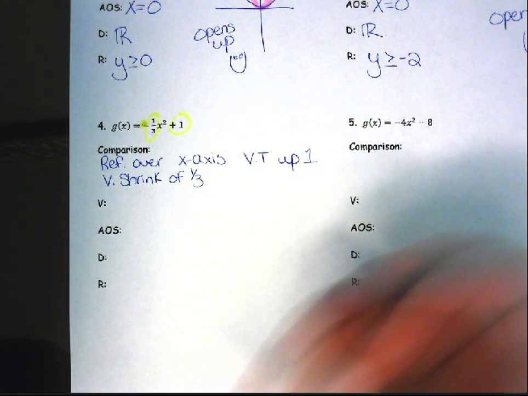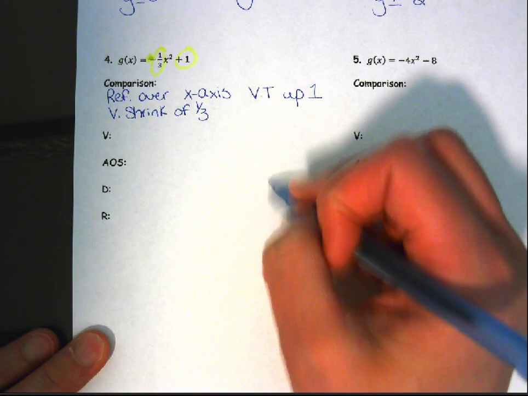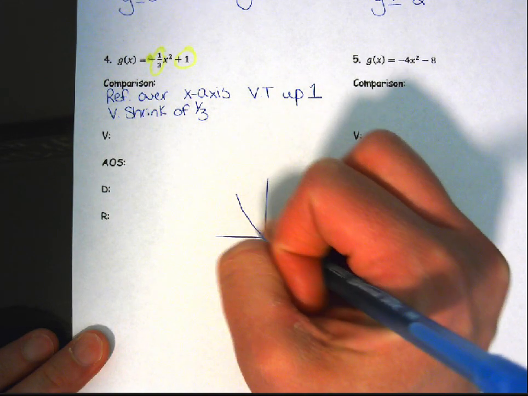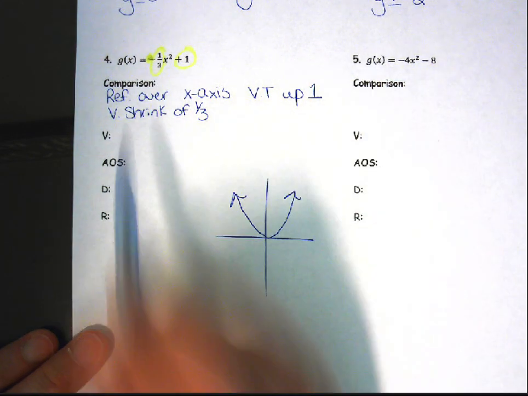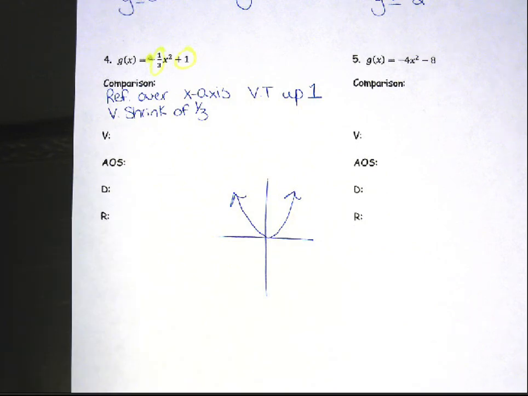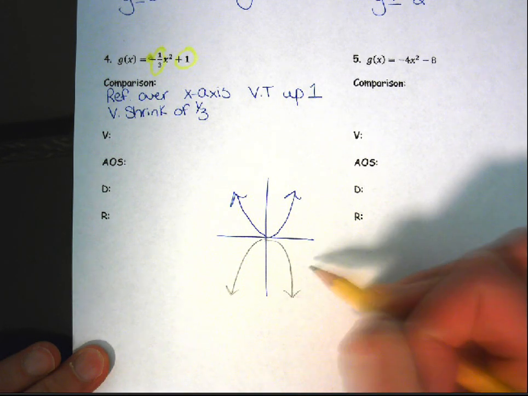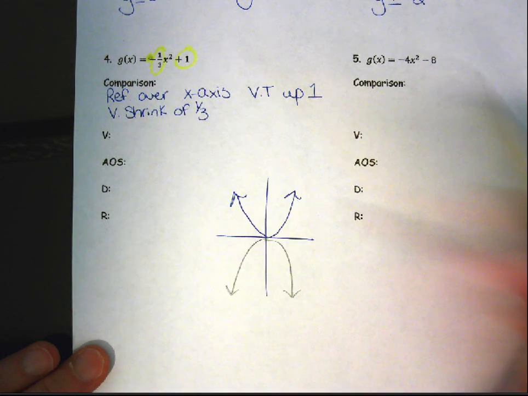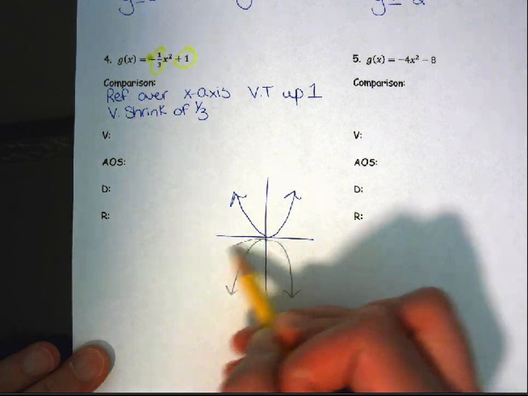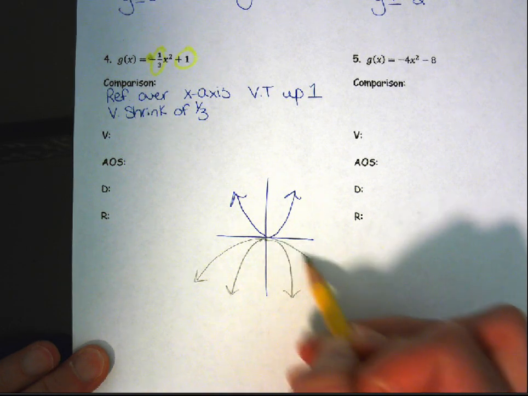So if I were just to give you a rough sketch, here was my original. This negative is going to reflect it. So the negative is going to make it go like that. The 1/3 is going to make it wider. So it's going to go wide.